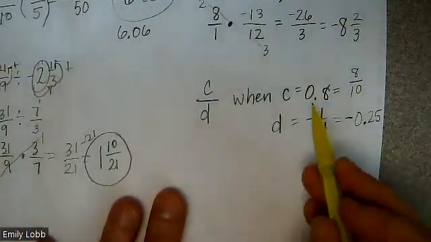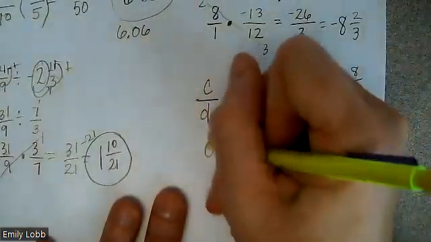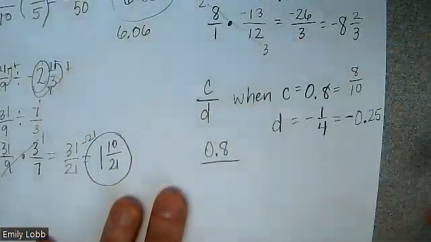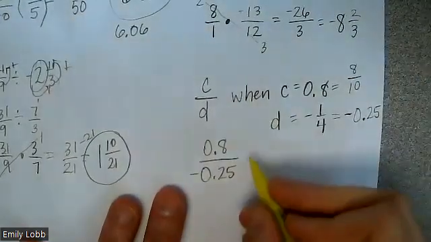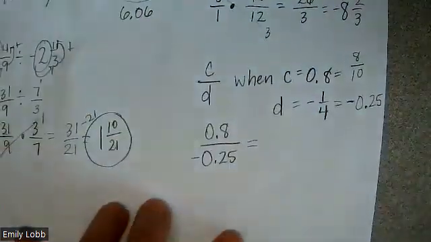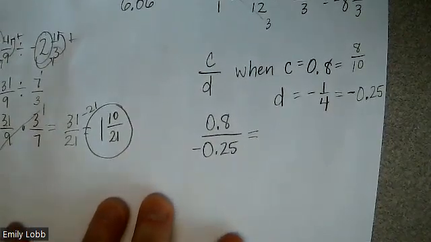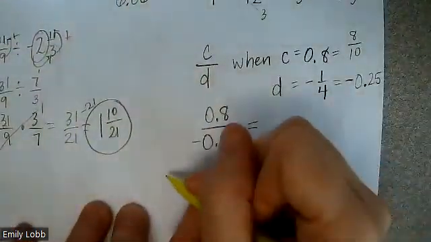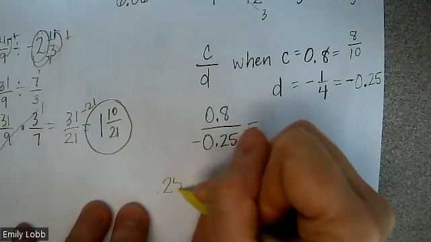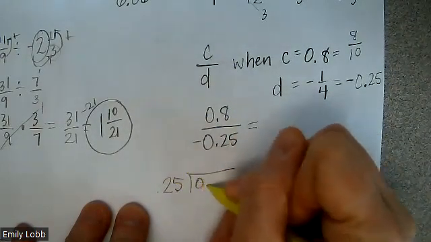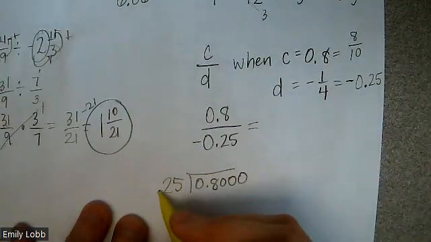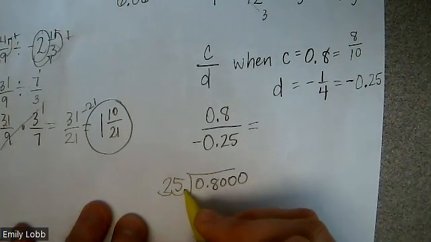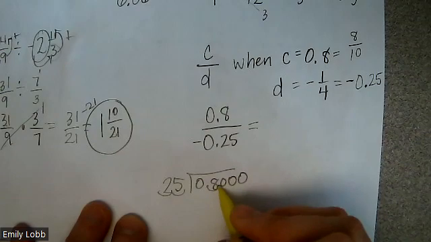So we should be able to do this both by decimal and by fraction. So if we look at the decimals, 0.8 over negative 0.25. Now I'm sure most of you would put this into your calculator. If you needed to, you could divide by 0.25, right? I'm gonna need some more zeros here. When I divide by a decimal, I would have to move these decimals. 1, 2.